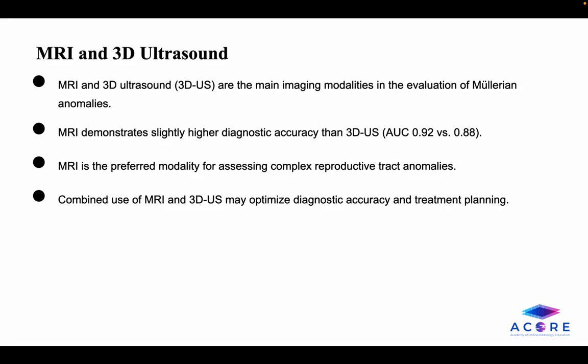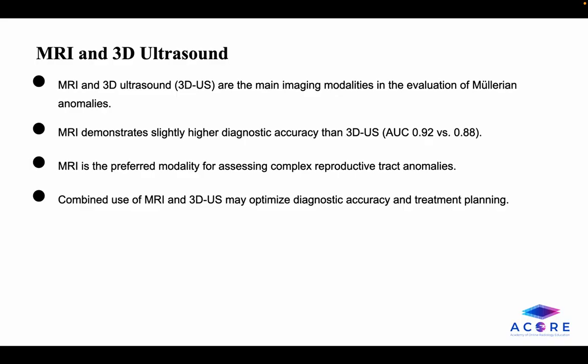So also there are MRI and 3D ultrasound that are used to evaluate these anomalies. There have been multiple studies that have compared these two modalities. One study demonstrated that MRI had a slightly greater diagnostic accuracy with an area under the curve of 0.92 compared with 0.88 for 3-dimensional ultrasound.